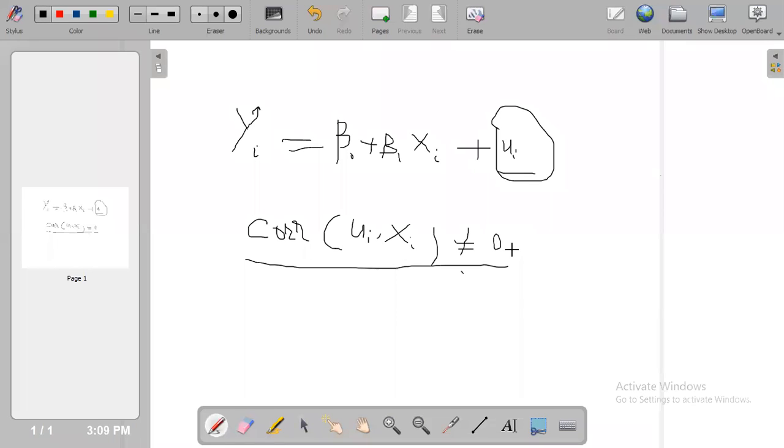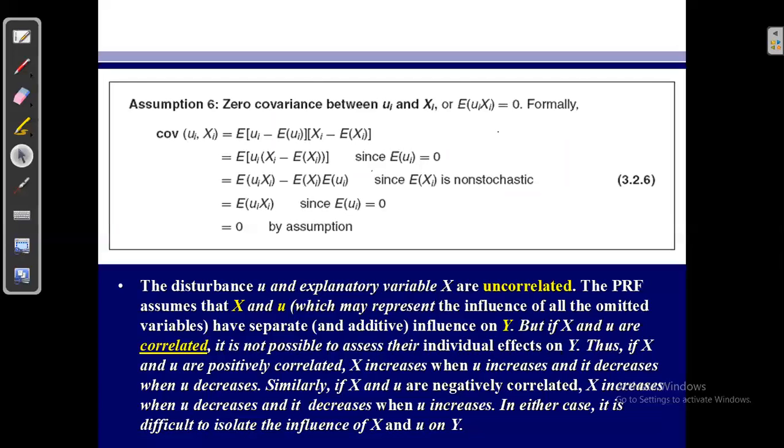Endogeneity. So we can also say that this assumption number 6 is actually called the assumption of exogeneity in the model. X should not give you something which is common with the disturbance term.